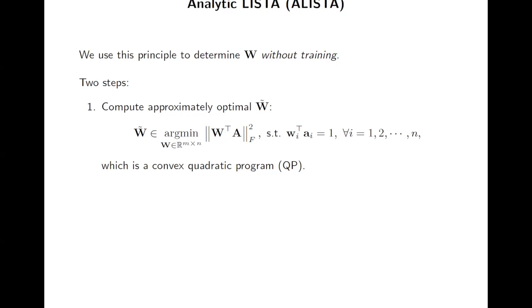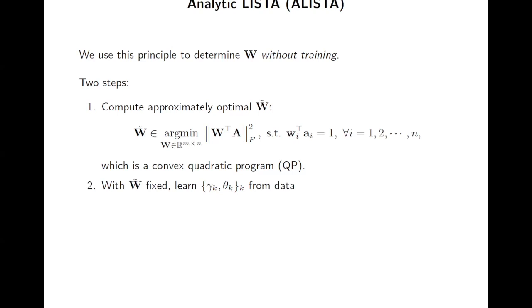In the previous slides, the generalized mutual coherence should be the maximum, or the infinity norm, and here we use an approximation with the Frobenius norm: minimize this coherence while also requiring the diagonal terms to be identity. This is a standard convex program with linear constraints.